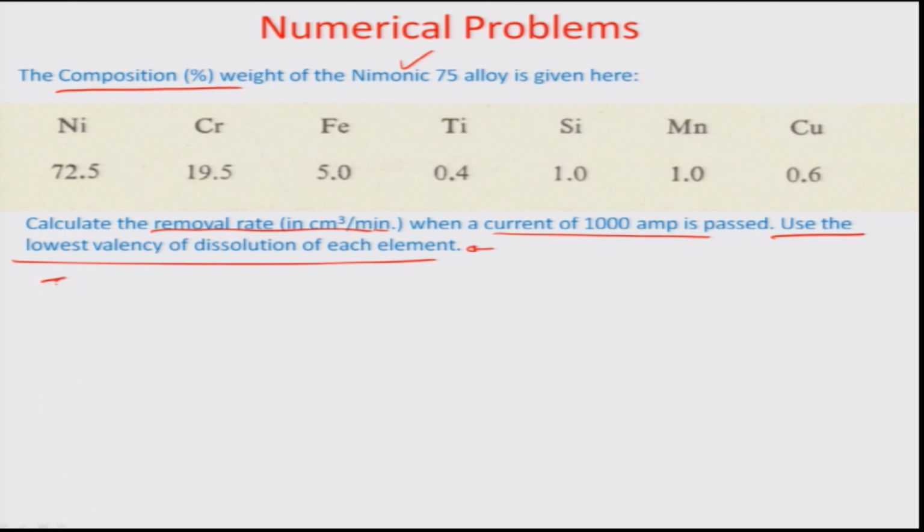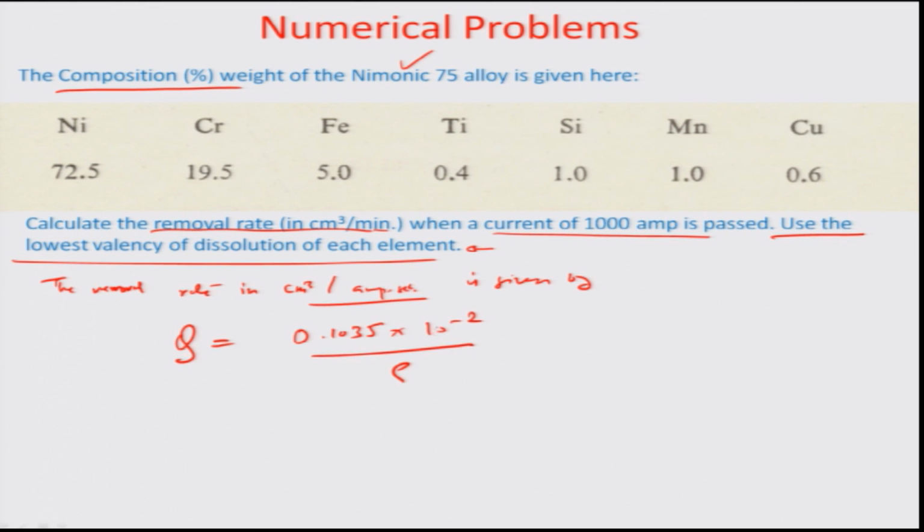So let us say the removal rate, if we want to find out, the removal rate in centimeter cube per ampere second, or per unit charge, has already been given by the earlier calculation that I showed you for Q, which is 0.1035 times 10 to the power of minus 2 by the average density rho average divided by sigma, i varying between 1 and n.